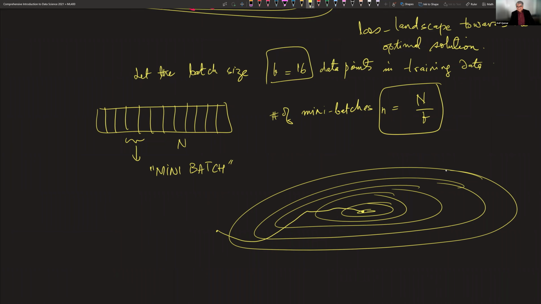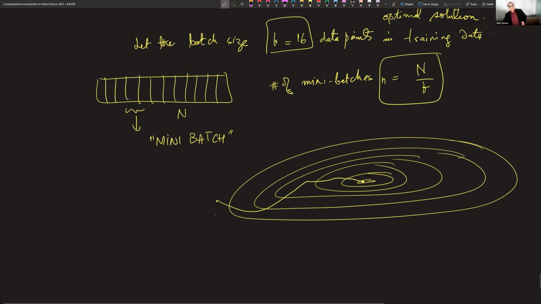You take a path which is somewhere between a drunken man's walk and a nice direct path to the minima, right? So this is the path that you will take. And so this is considered pretty good. You end up in the solution and you tend to stay there.